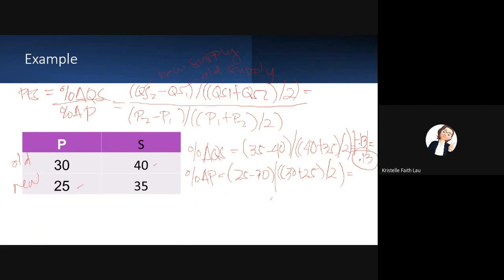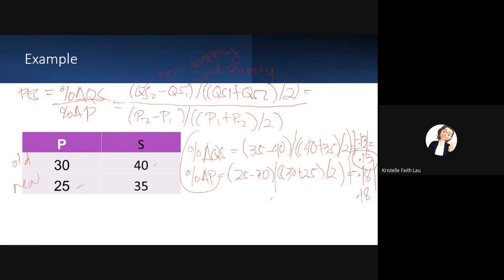Then another close parenthesis. So, we have here negative 18. So, gagamitan natin ng absolute value dahil negative siya. Magiging positive 18.